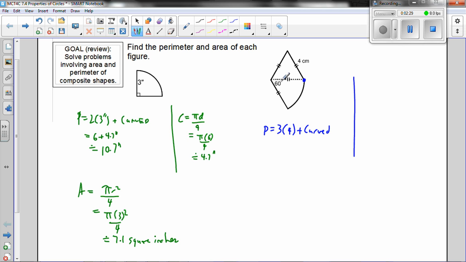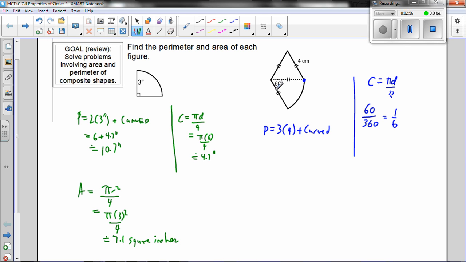Well, what fraction of a circle is a 60-degree angle? Because that's what fraction of the circumference I have. So I know this is going to be pi d divided by something, but what fraction? Or I could multiply by the fraction. Well, 60 degrees over 360, that's 1/6.